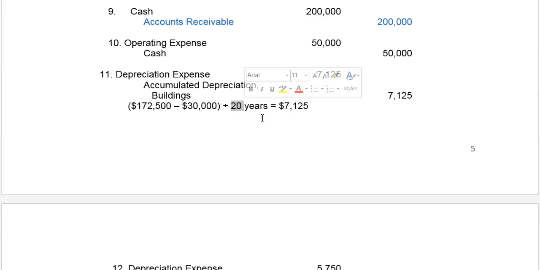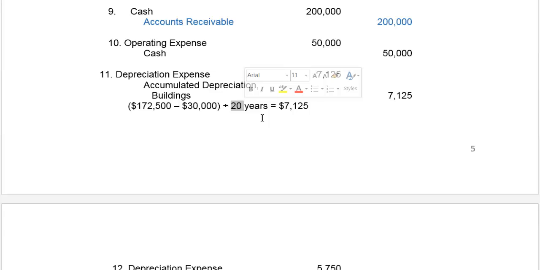So these buildings, maybe equipment, whatever we're buying that we depreciate, presumably we're buying it because it's going to be useful in helping us generate revenue in the company. So because we're buying these depreciable capital assets to help us generate revenue, we have to have a cost of generating that revenue, and that cost for the asset is depreciation.